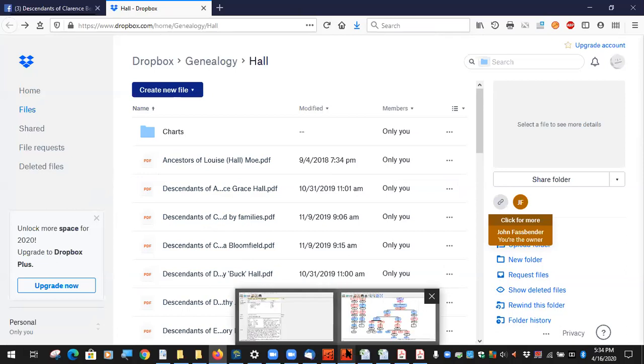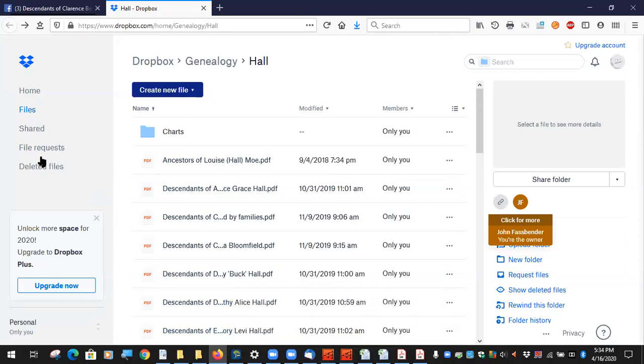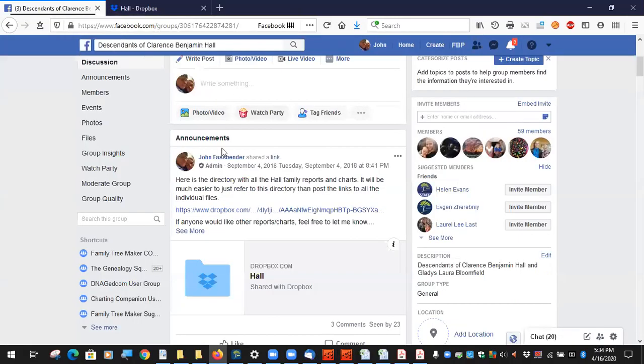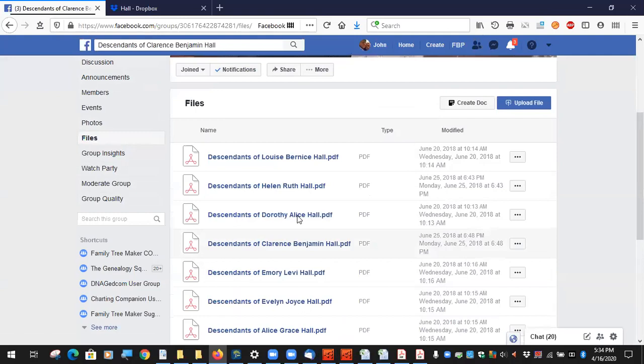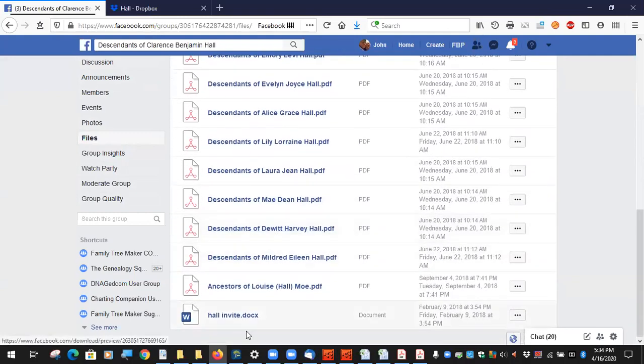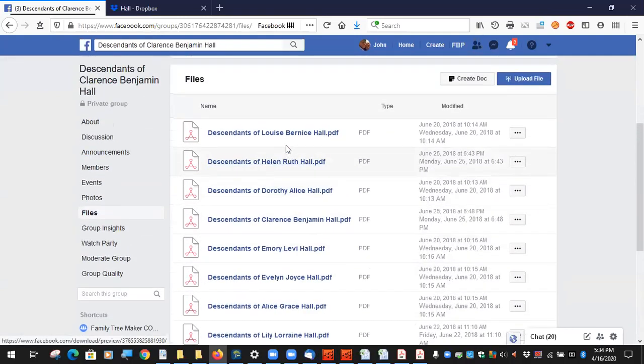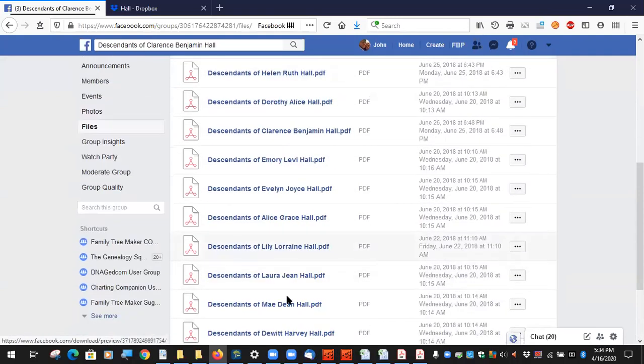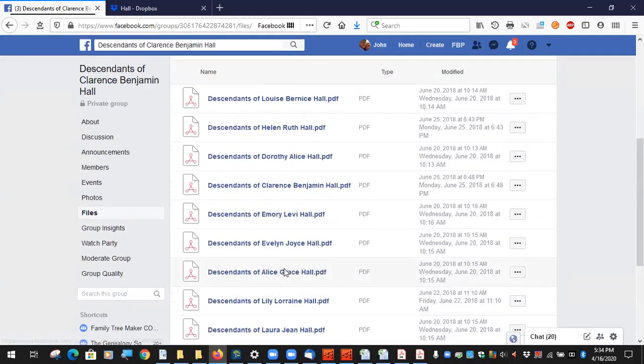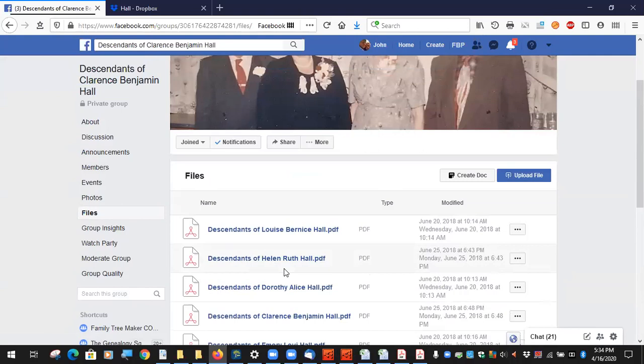Whatever you have as a profile photo. In any Facebook group, you've got a file section too, and I did start doing files there, but with all these files, I said, to heck with it.